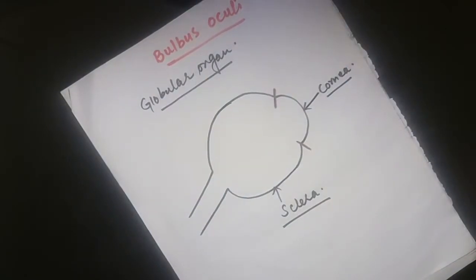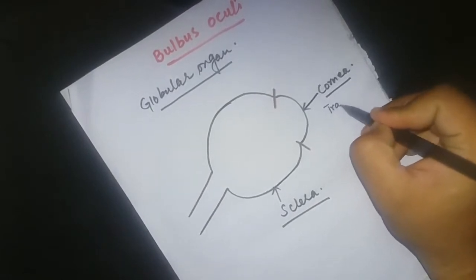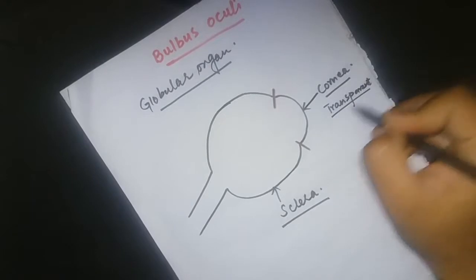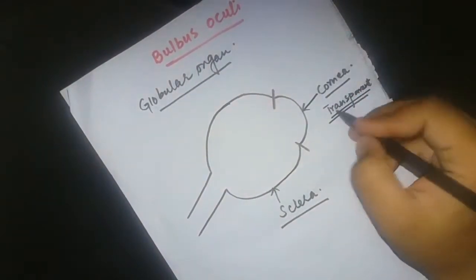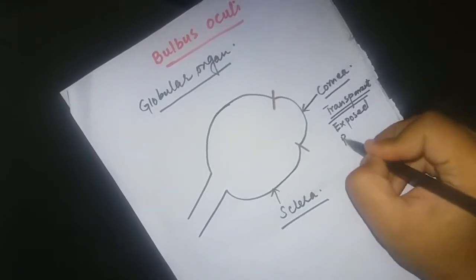So the basic and outermost structure of the eye contains sclera and cornea. Cornea basically is a transparent structure, and it is the exposed part of the eye.